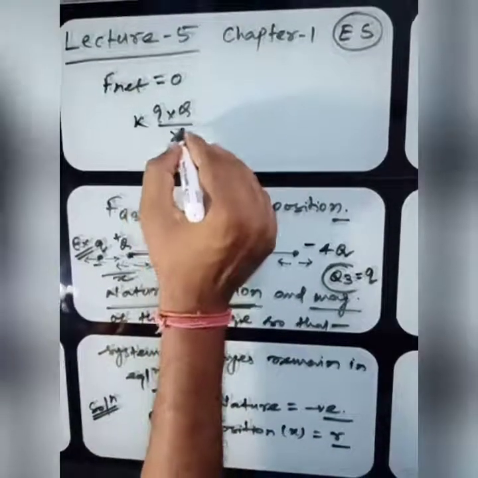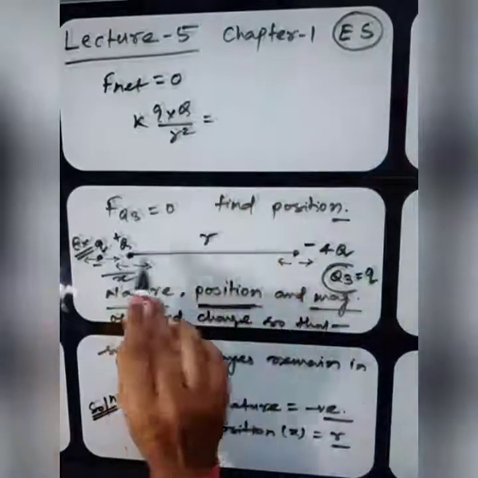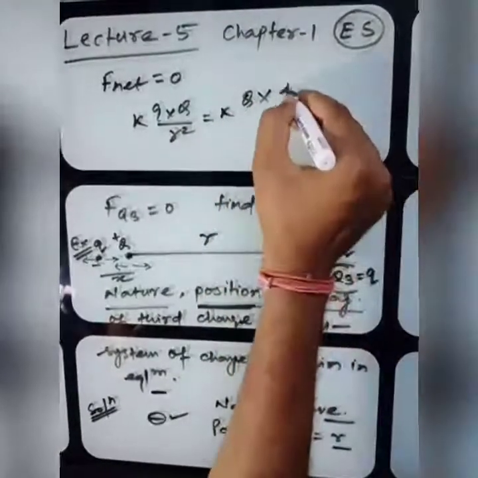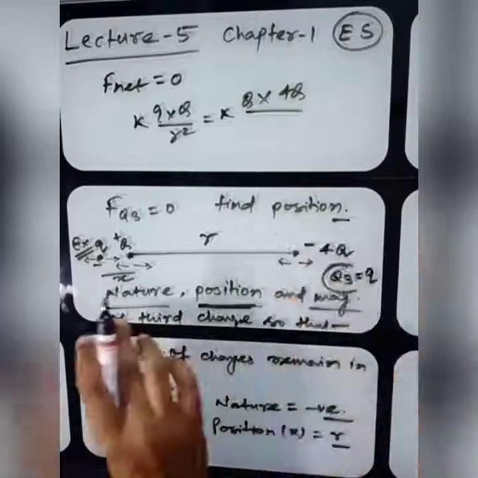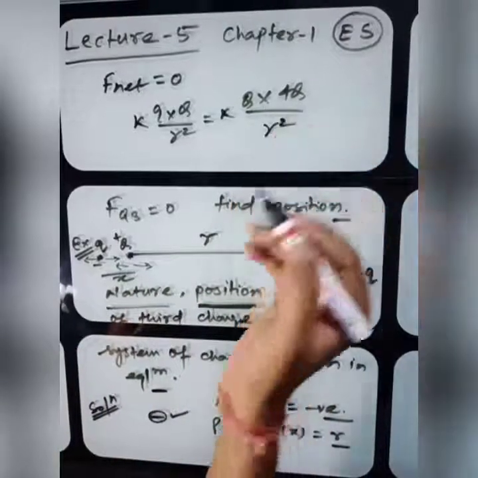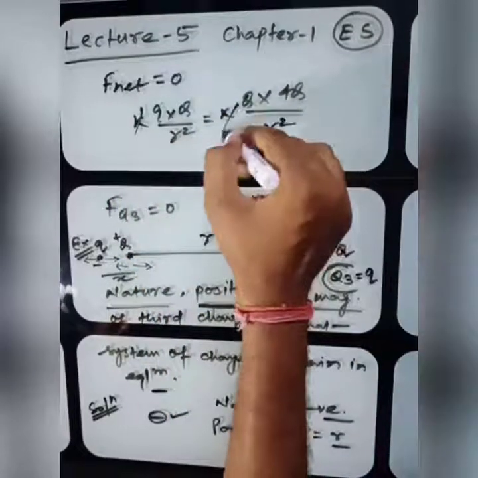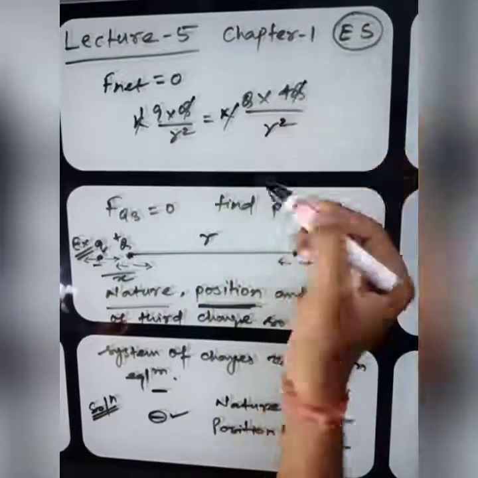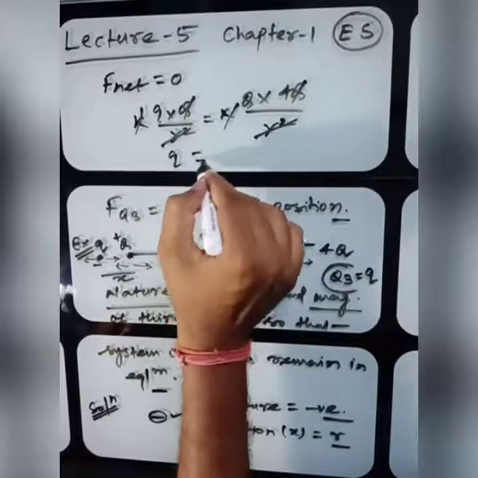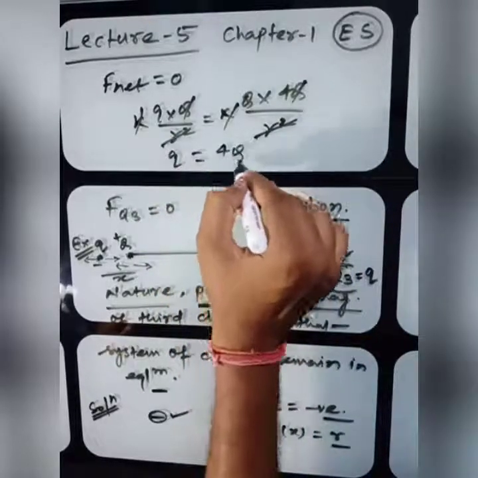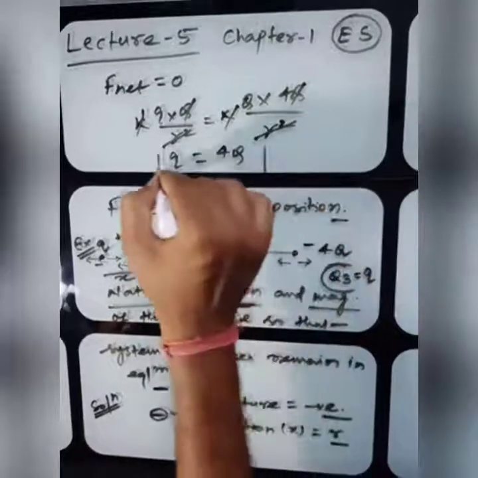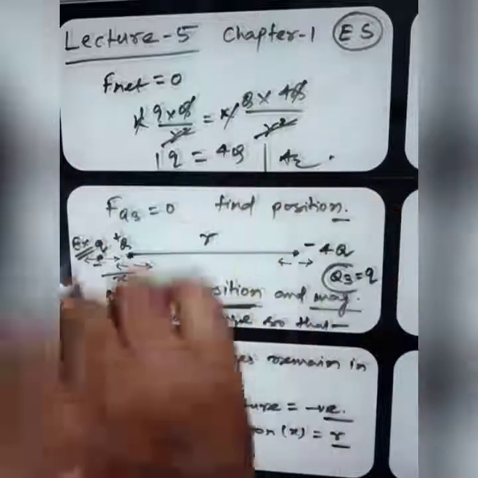It is r, equals, between these two, K, Q, 4Q divided by the distance, that is r square. K will cancel out, Q will cancel out, r square also cancels out. So this q equals 4Q. Now we have the answer.